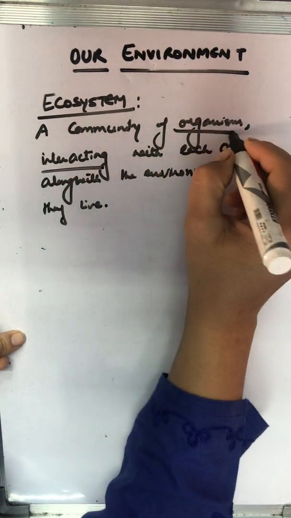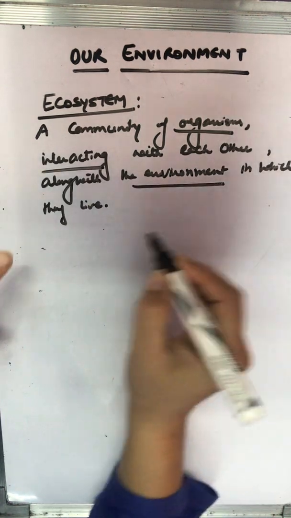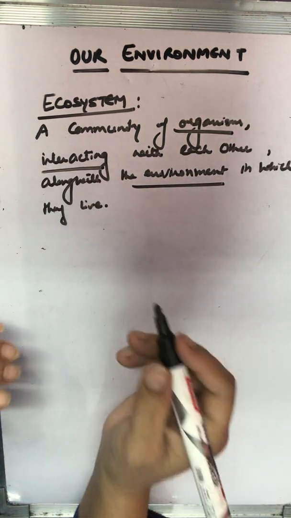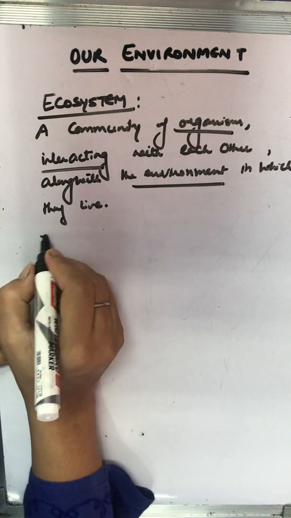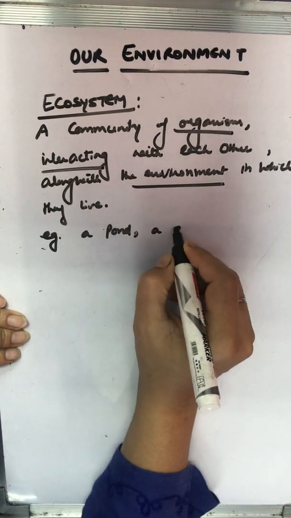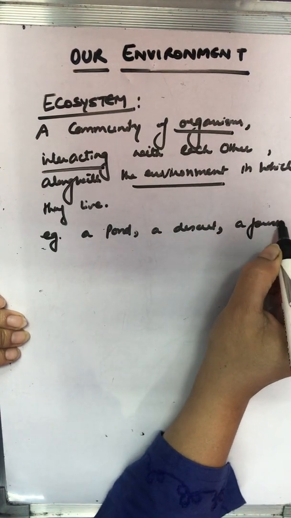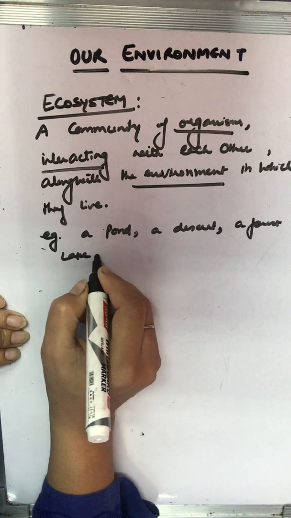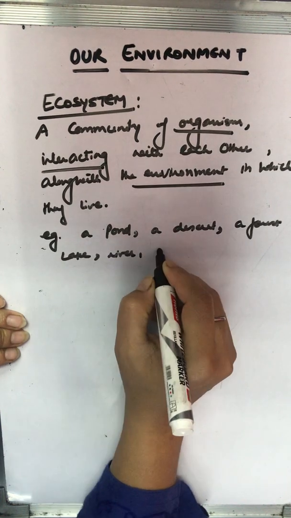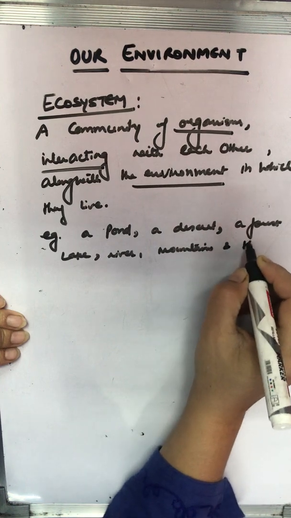Examples: a pond, a desert, forest, lake, river, a mountain and the sea.